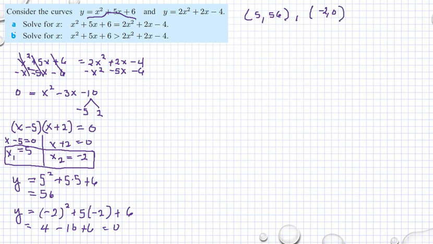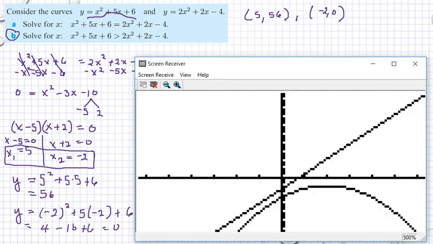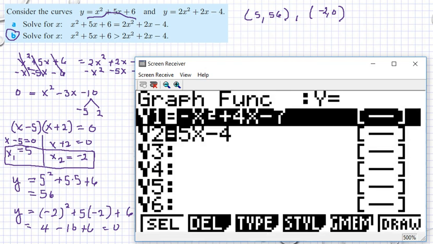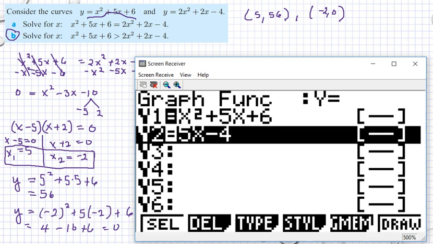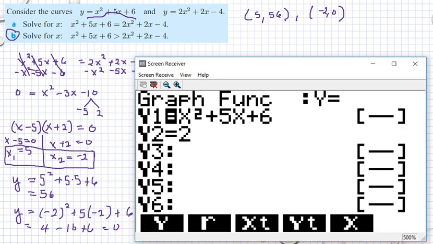The B question we can answer later, but I want you to show the graph of these equations. We have x squared plus 5x plus 6, and then we have 2x squared plus 2x minus 4.